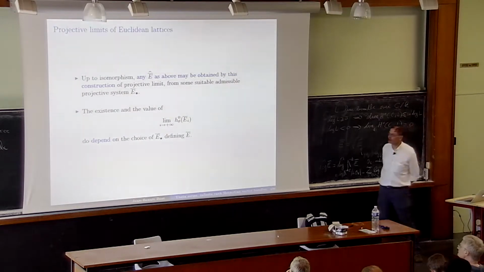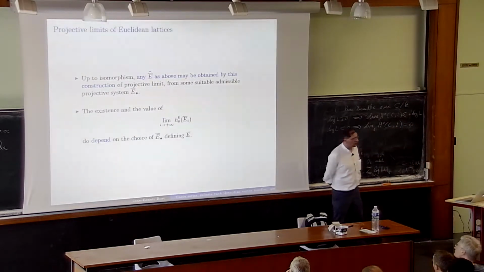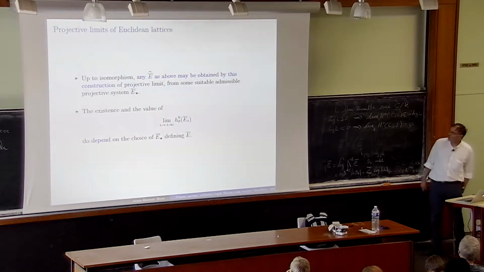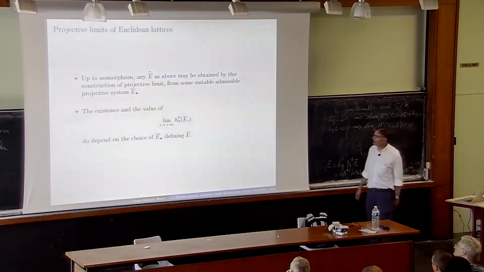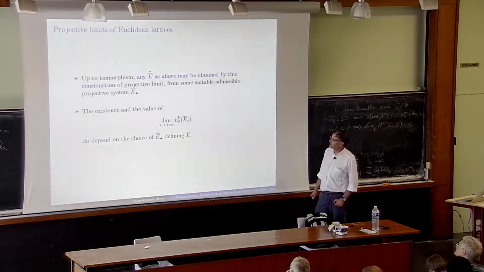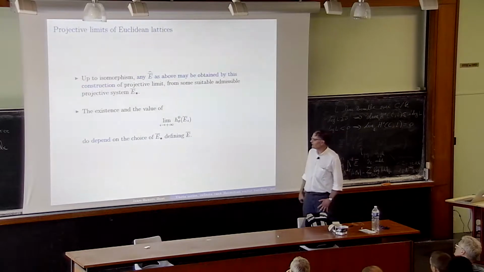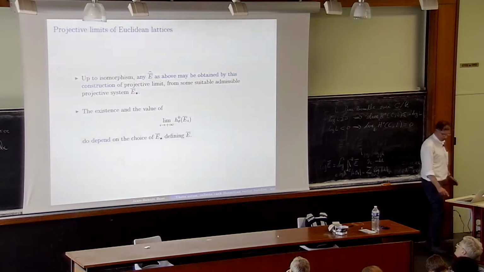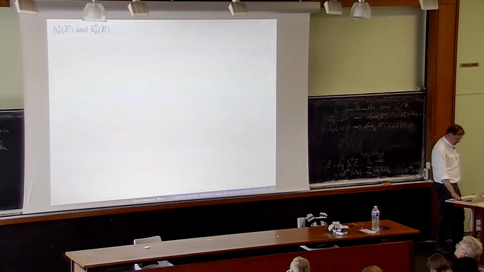It's definitely not something intrinsic. And it's very remarkable that it is possible to find a class of infinite rank Euclidean lattices for which there is a nice theory of H0 theta. So that's something I would like to explain.